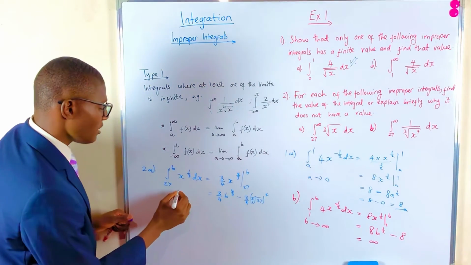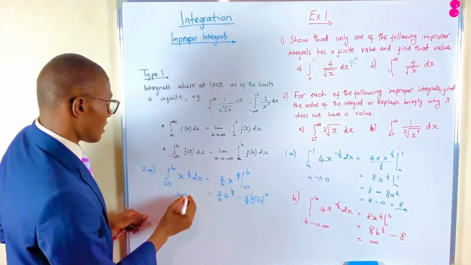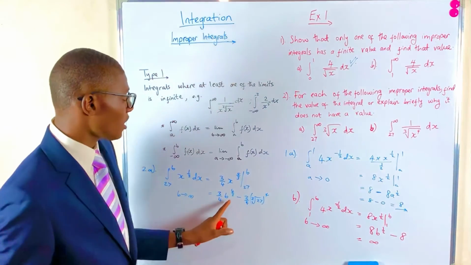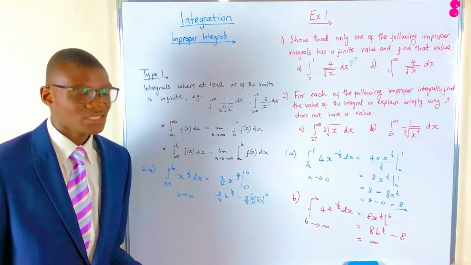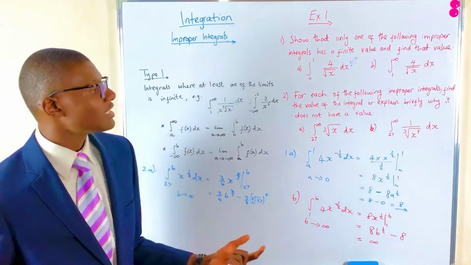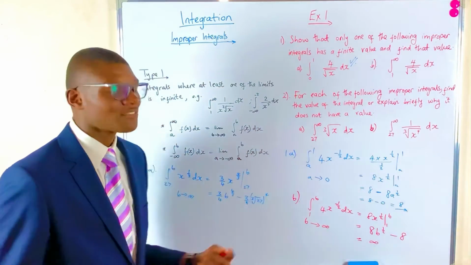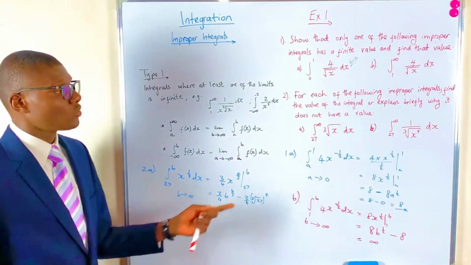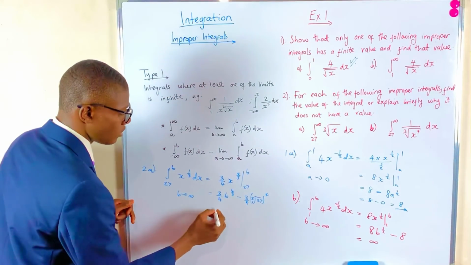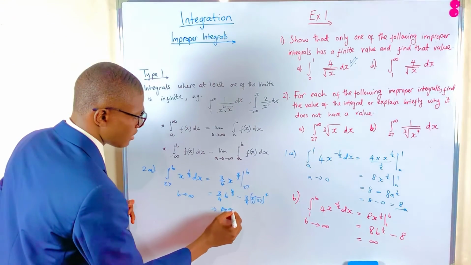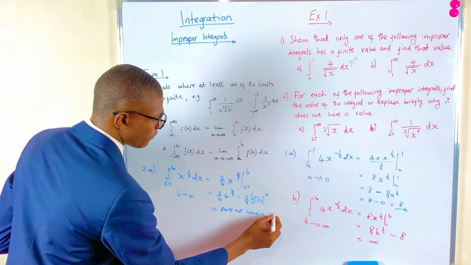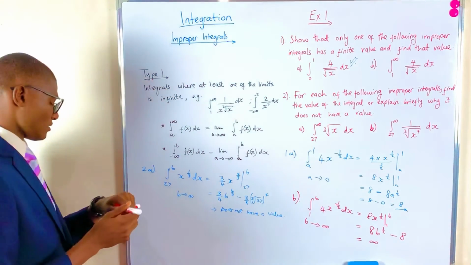But we know that b approaches infinity. So when b approaches infinity, this whole term also approaches infinity, and the result will just be infinity, such that we don't have a finite value. So the first one does not have a value.